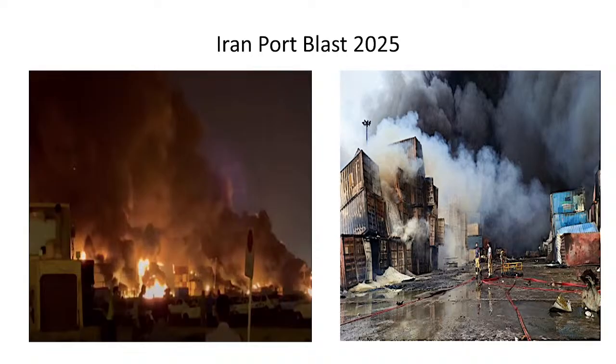They were saying that it contained some fuel material used for making propellants in rockets and missiles. Although the Iranian government denies it, it released almost 50-60 tons of ammonium perchlorate, causing multiple casualties and injuries. They have reported 70 deaths and almost 13,000 injuries.